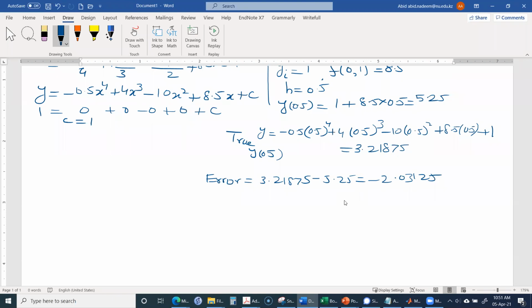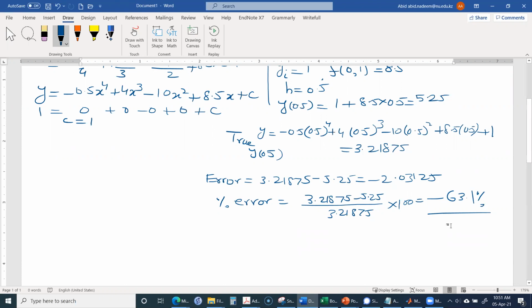And in percentage terms, this error is 3.21875 minus 5.25 divided by 3.21875 times 100, which is equal to minus 63.1% error. So you can see that by this Euler's method, we get quite a lot of percentage error in this case.